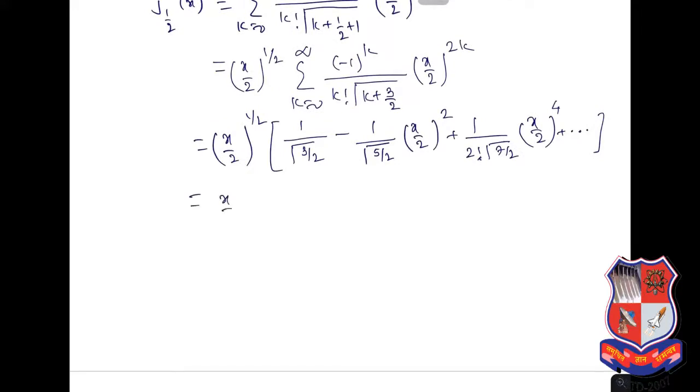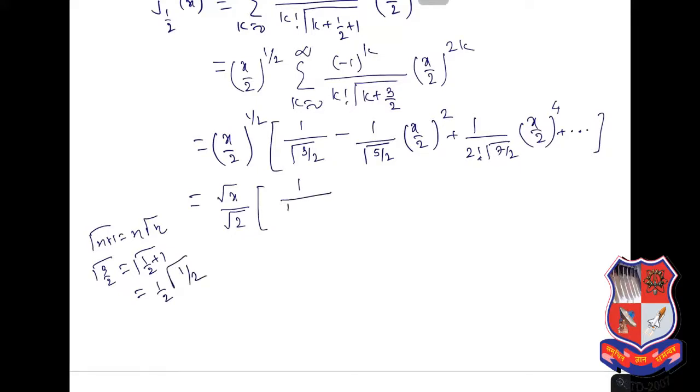This is equal to, I can write this as root x root 2. Now gamma n plus 1 is n gamma n. Gamma 3 by 2 can be written as gamma 1 by 2 plus 1, so 1 by 2 gamma 1 by 2. So 1 over 1 by 2 gamma 1 by 2.